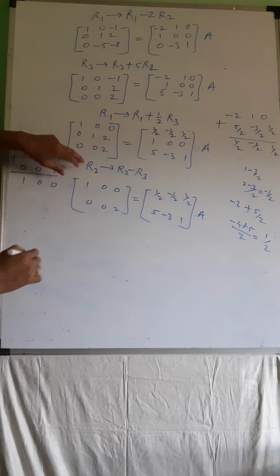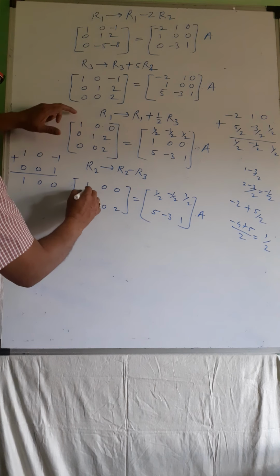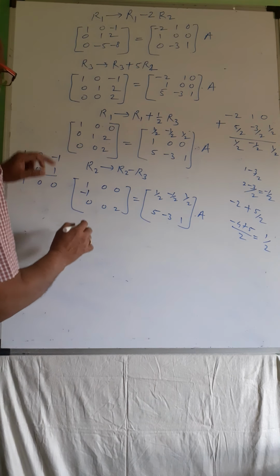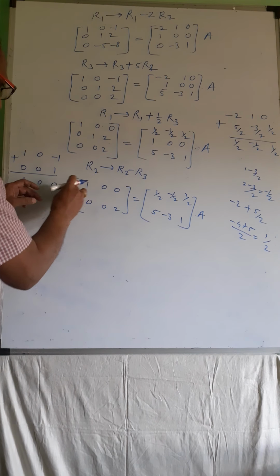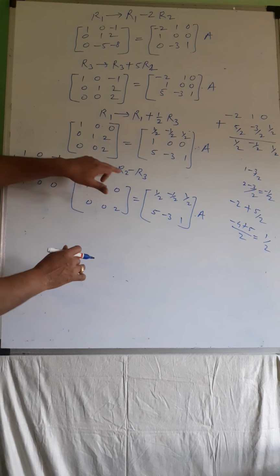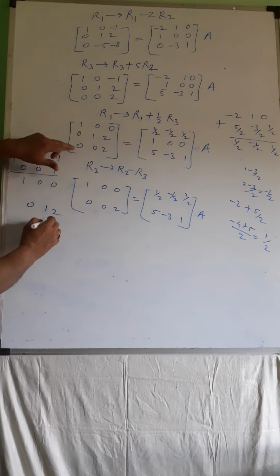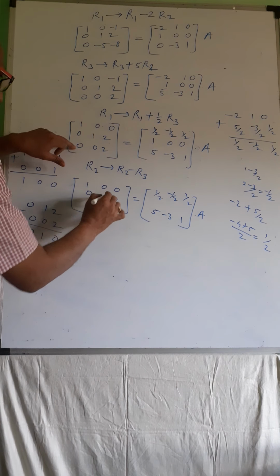R2 minus R3. R2 means this one, 0, 1, 2. R3 means 0, 0, 2. That is minus, is 0, 1, 0.